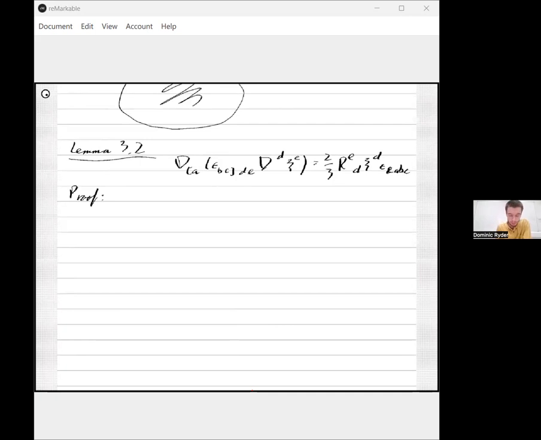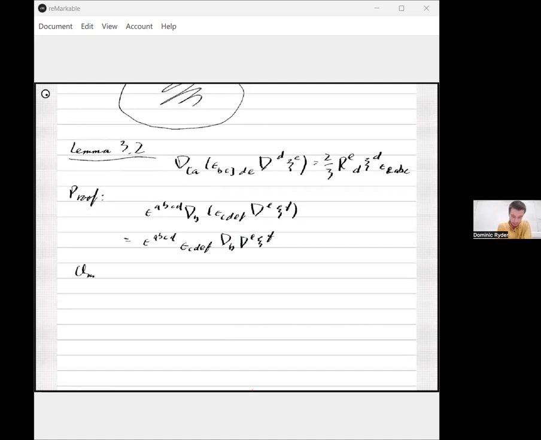Let's quickly prove this. Epsilon^ABCD nabla_B epsilon_CDEF nabla^E xi^F. We can move nabla through, and so we get epsilon^ABCD epsilon_CDEF nabla_B nabla^E xi^F.